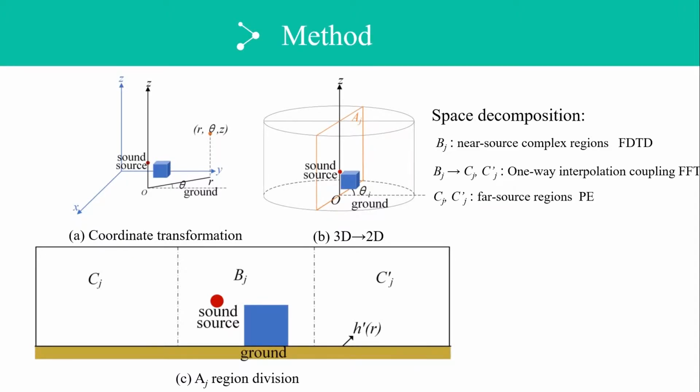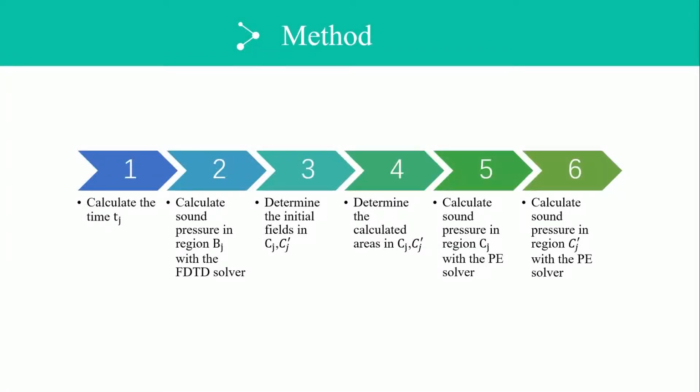The three-dimensional space is decomposed into n planes, as shown in figure B. According to the FDTD-PE plane partition theory, plane AG is decomposed into complex near-source region BG and two far-source regions CG and CG prime. And we extract the ground height curve from the scene information of AG, as shown in figure C. Next, each plane is calculated.